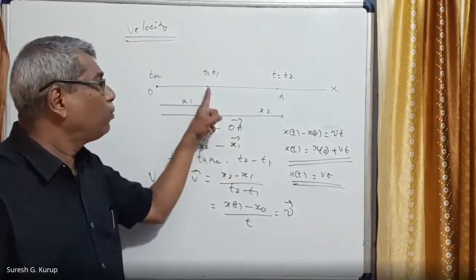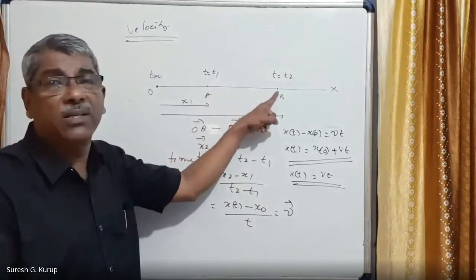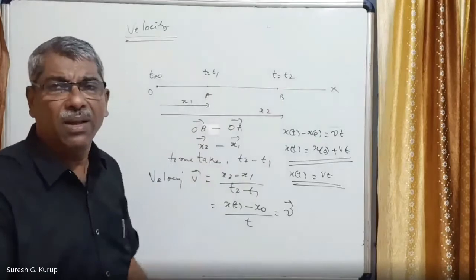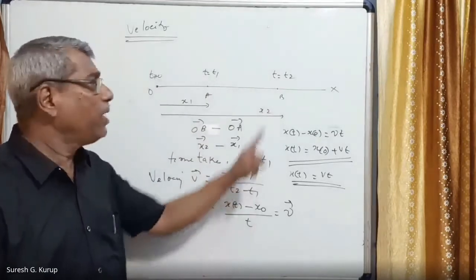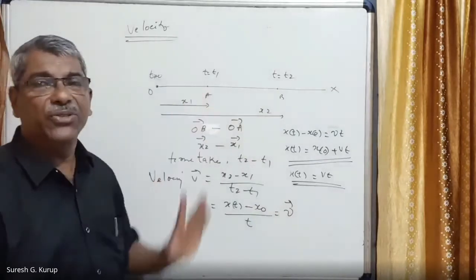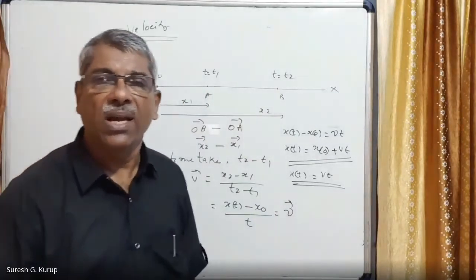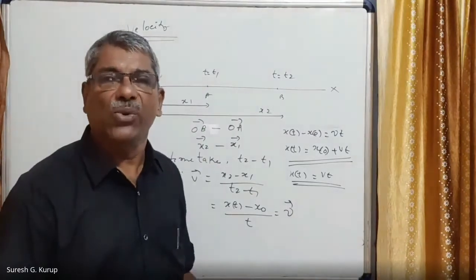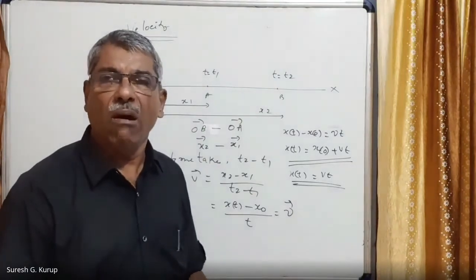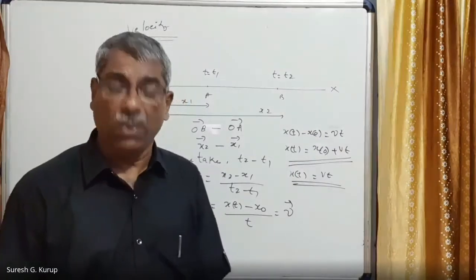Now the body moves and reaches the point B. Then what is the final displacement when time is t seconds? That is equal to xt. This is equal to x0. So the general expression for a body moving with uniform velocity is xt minus x0 is equal to v into t, or xt is equal to x0 plus v into t.